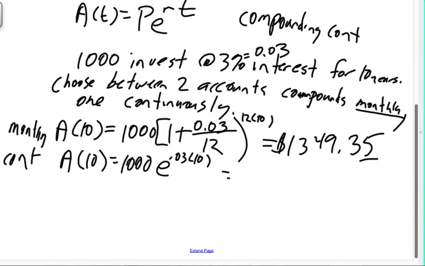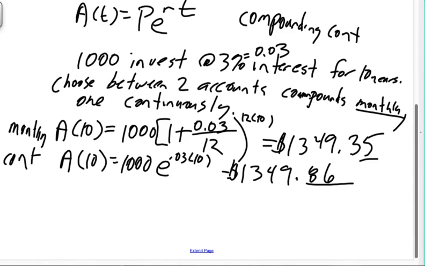And we end up with $1,349.86. As you can see, there's not a tremendous amount of difference. This one is going to give you 51 cents more than the one compounded monthly.